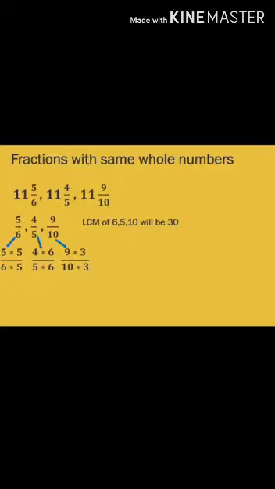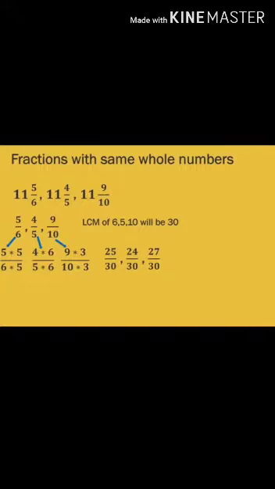After multiplying, our fractions are converted into 25 out of 30, 24 out of 30 and 27 out of 30. We can clearly see that the denominators are now the same, so comparing these fractions becomes easy. We just arrange these fractions as per the numerator.